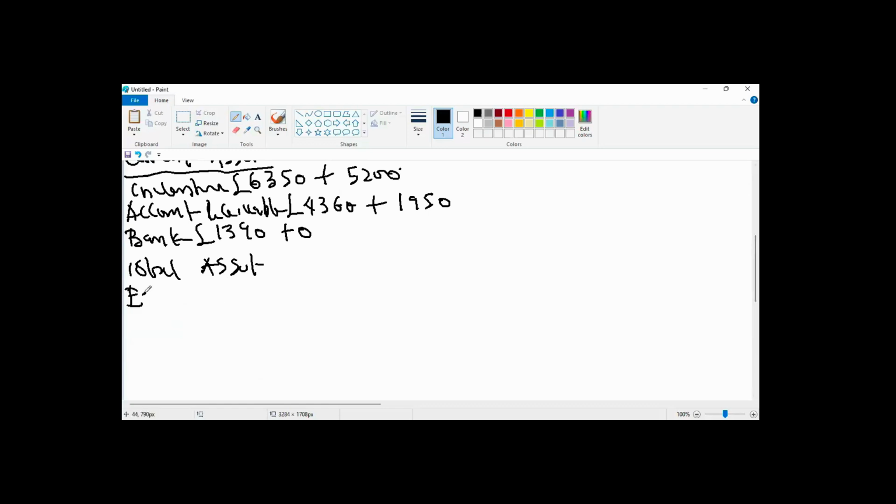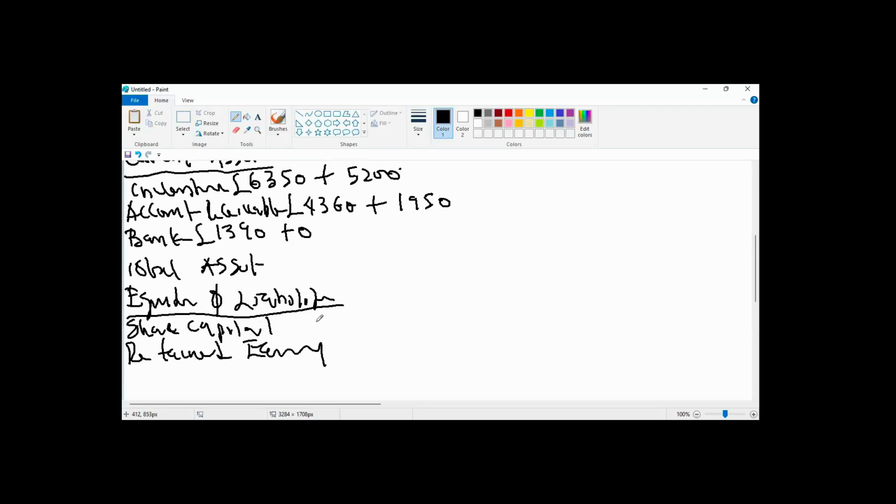Equity and liabilities. Share capital. Retained earnings. And line space.